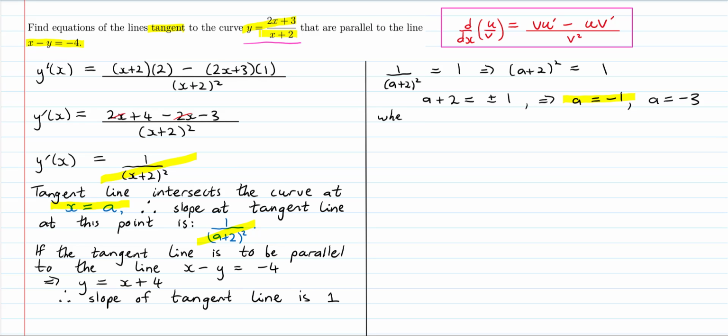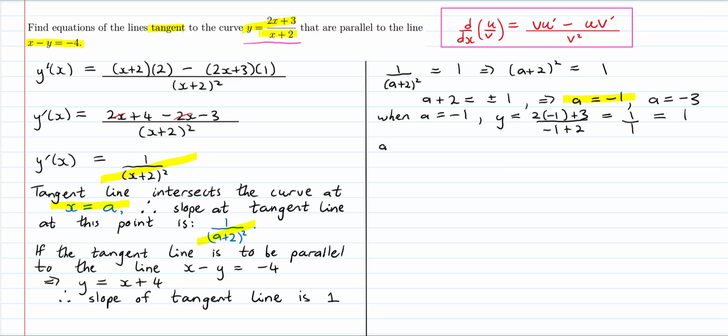When a is equal to negative 1, y is equal to (2 times negative 1 plus 3) over (negative 1 plus 2), which is 2 times negative 1 is negative 2, plus 3 is 1, and negative 1 plus 2 is 1, so y is equal to 1.